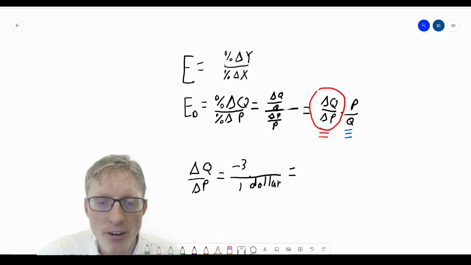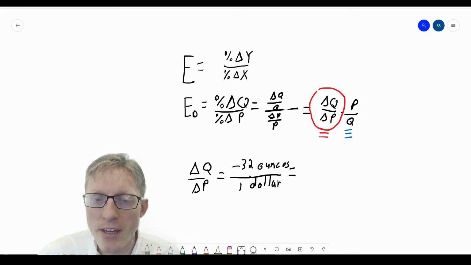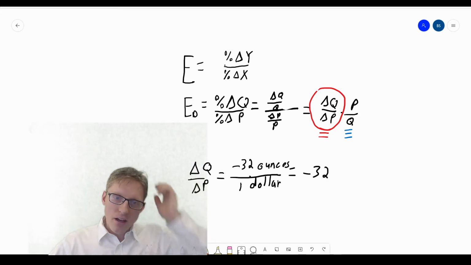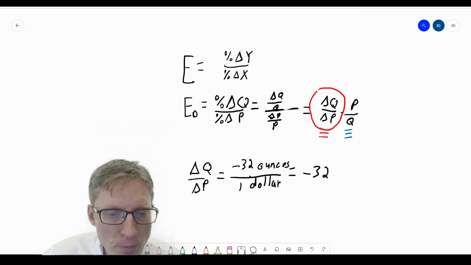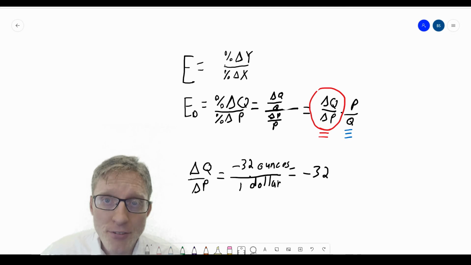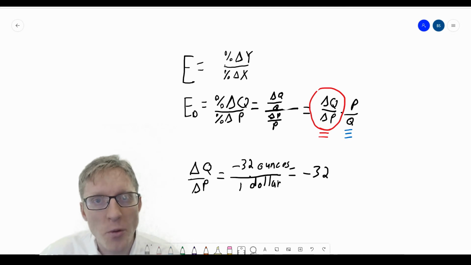So let's say minus 32 ounces. Then we have that the change in Q over change in P is equal to minus 32 rather than minus 2. So you can see here that this first part, the change in Q over change in P, is very sensitive to what units we're measuring Q and P in.